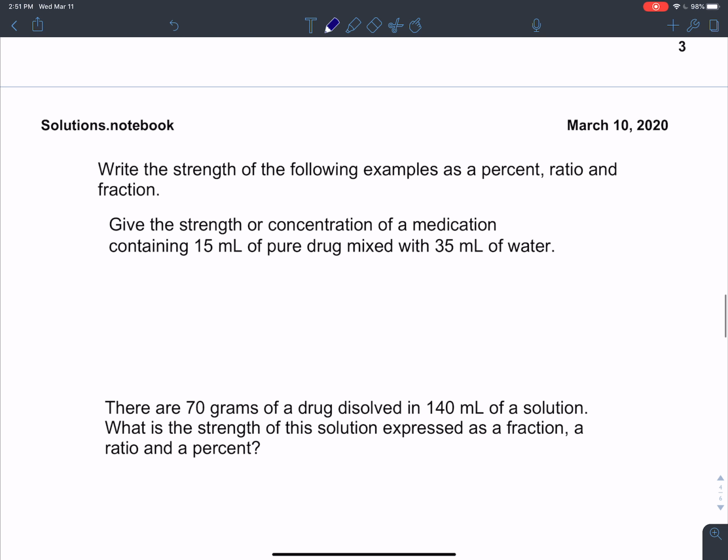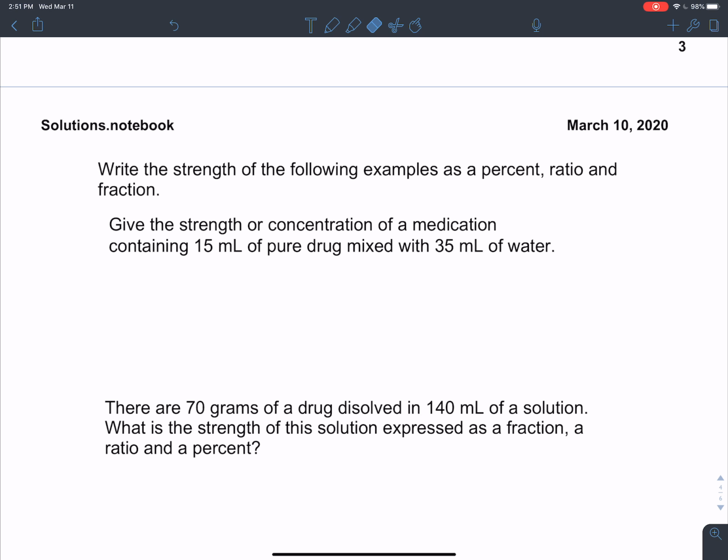The next examples have the directions write the strength of the following examples as a percent, ratio, and fraction. The first one says, give the strength or concentration of a medication containing 15 milliliters of pure drug mixed with 35 milliliters of water. Now for this one, we have to do some upfront work.